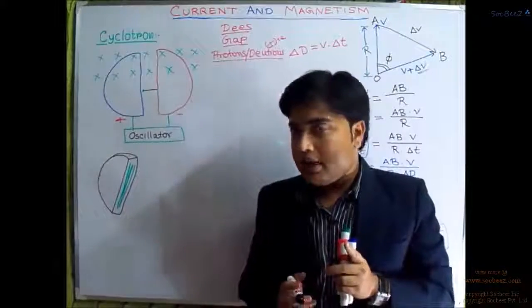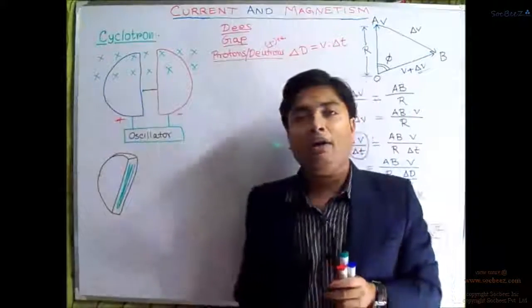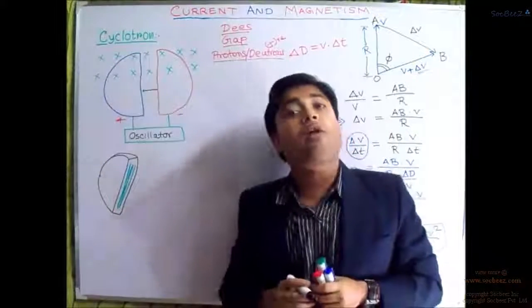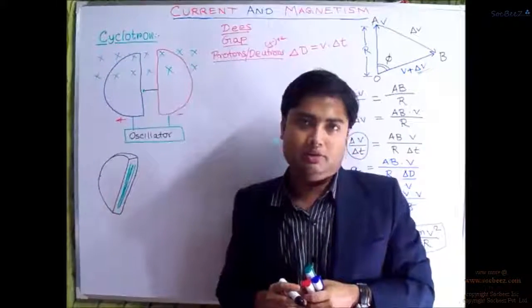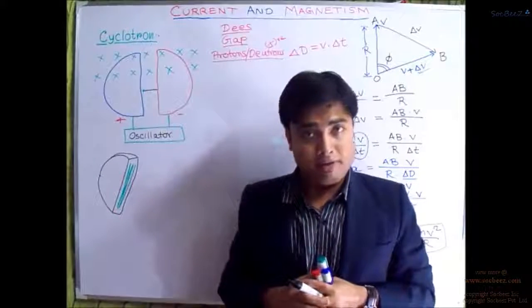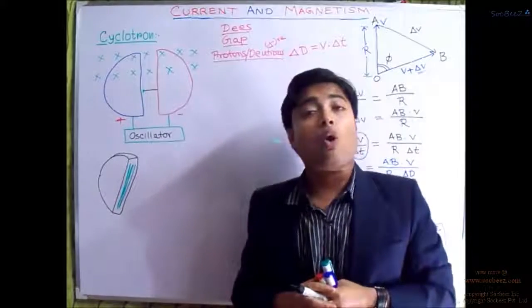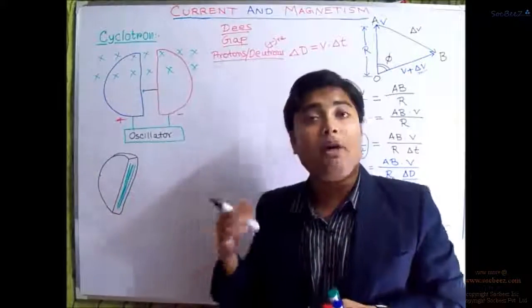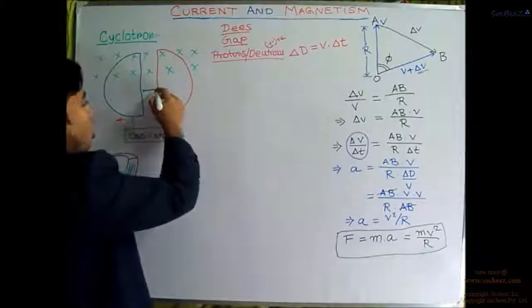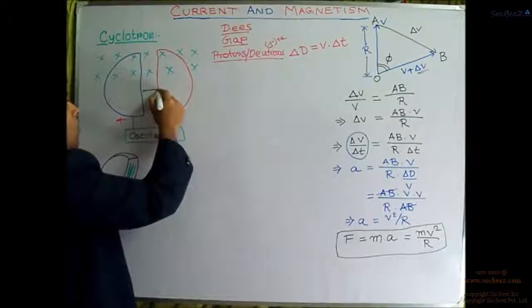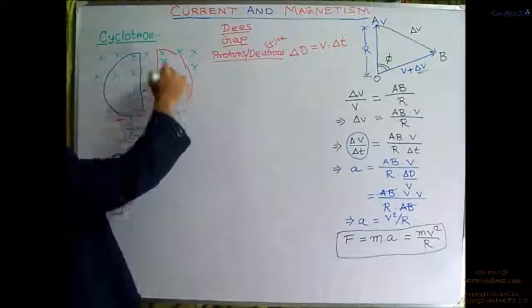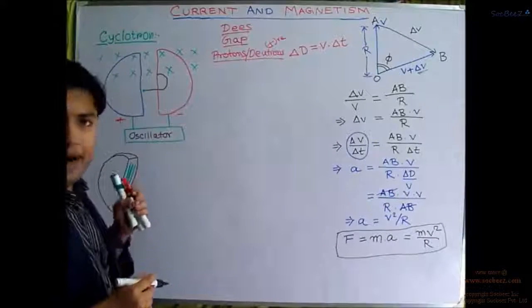But inside a hollow conductor, the magnetic field present will work on it. As we know, if a charge is moving, the Lorentz magnetic force will come into play, and this proton or deuteron will now start going in a circular motion, right?